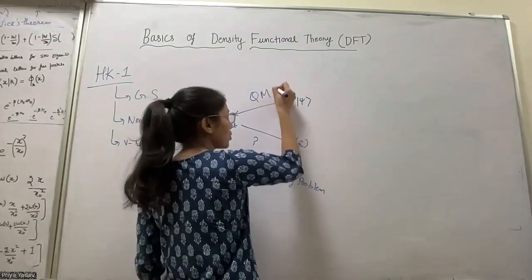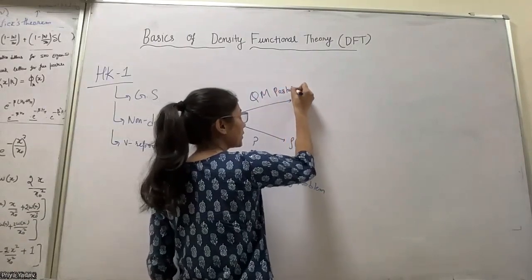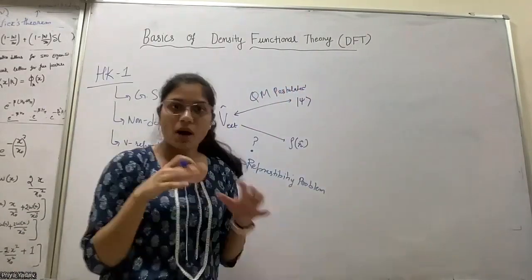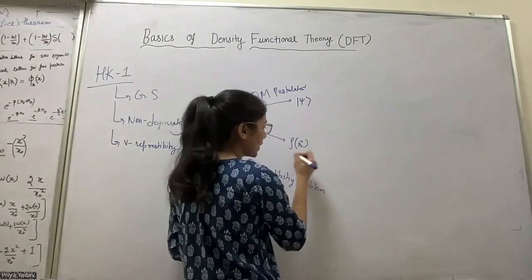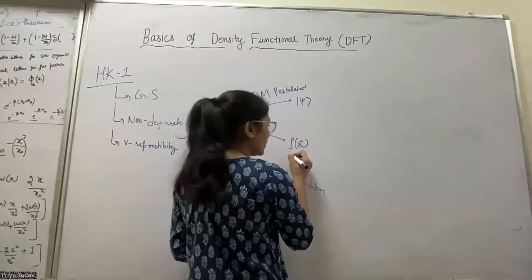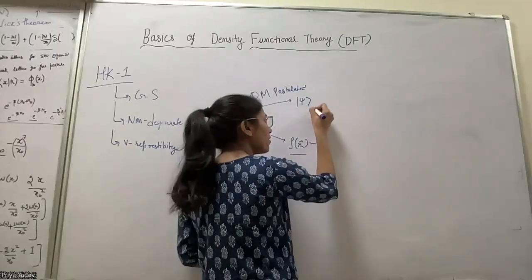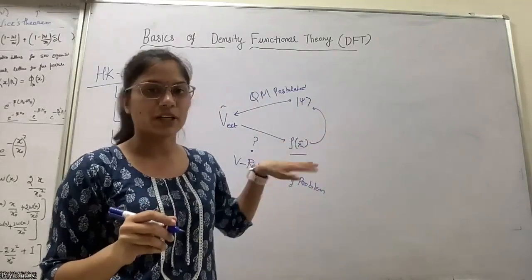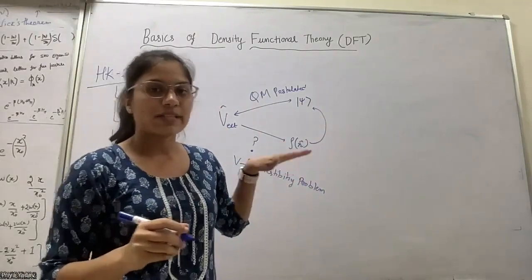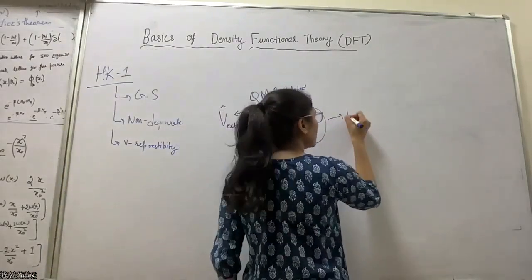This is postulated, so there is no problem here. So if I can find that this electron density is coming from a valid wave function, this is known as a weaker condition, called N representability.